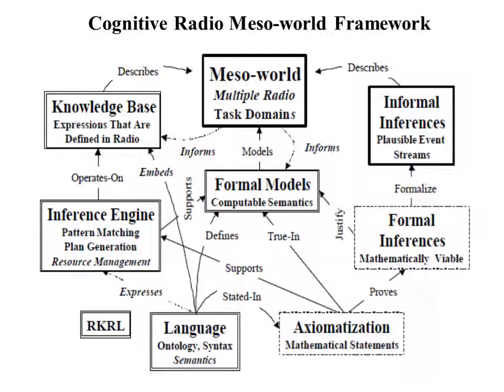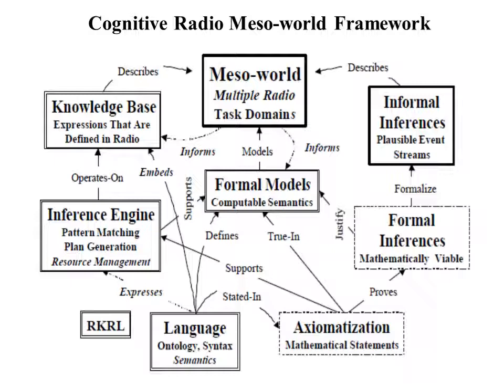The micro-worlds framework of RKRL is structured analogously as illustrated in this figure. RKRL as a language has a set of meta-level micro-worlds that define admissible expressions like inferences, domain knowledge, which is the knowledge base, computational and axiomatic models, which are the formal models.